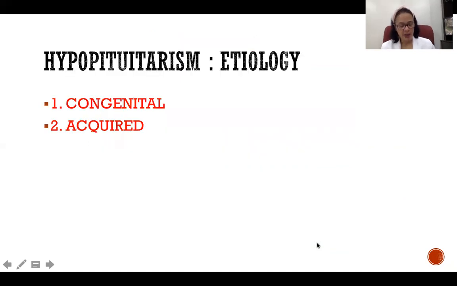So what are the etiologies of hypopituitarism? So it could be congenital or acquired. And in adults, the most common cause of hypopituitarism is still the adenomas or the pituitary tumors. Although traumatic brain injury as a cause is being more frequently recognized.